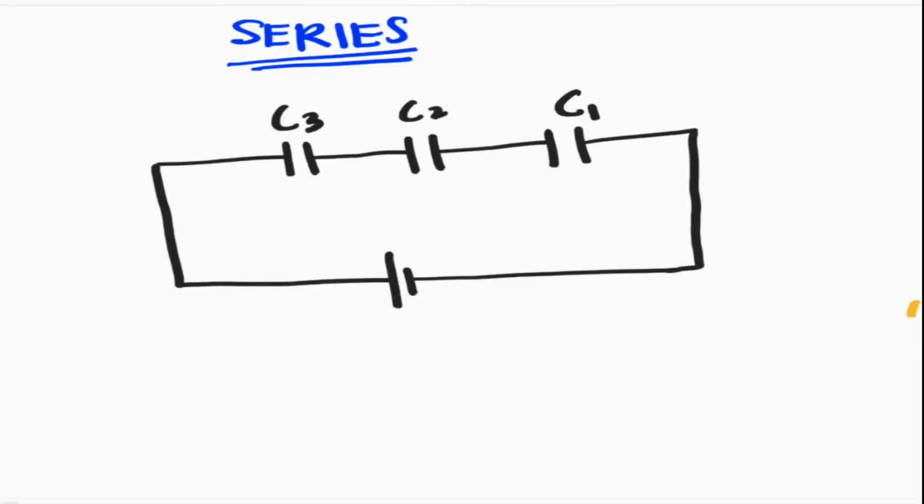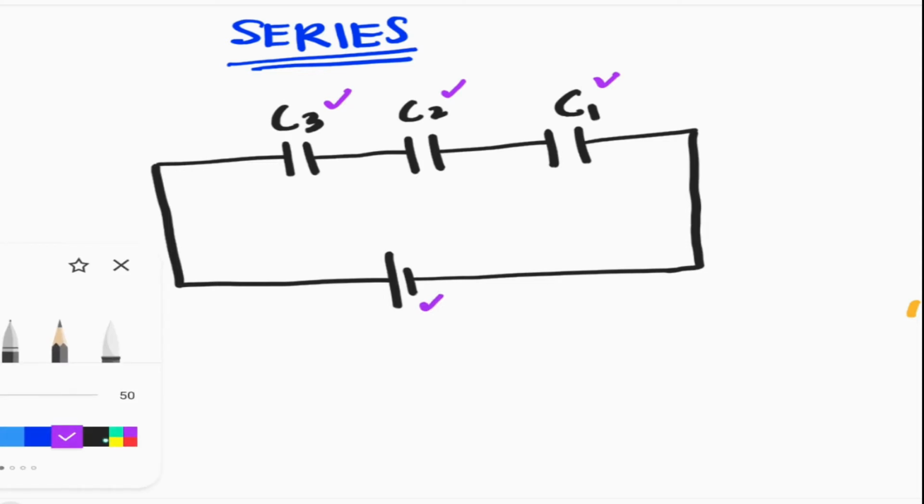Okay, arrangement in series: C1, C2 and C3 connected to the power supply. This is V battery or V power supply. Now what will happen when all these capacitors are connected to this power supply? Charge will flow in the circuit, right?